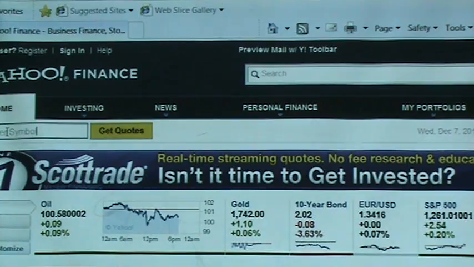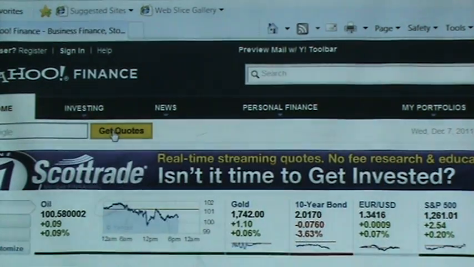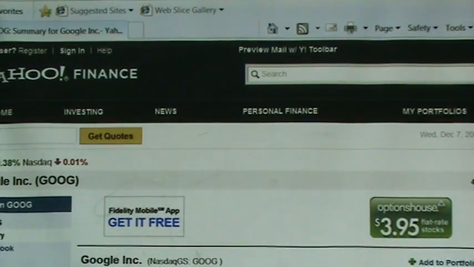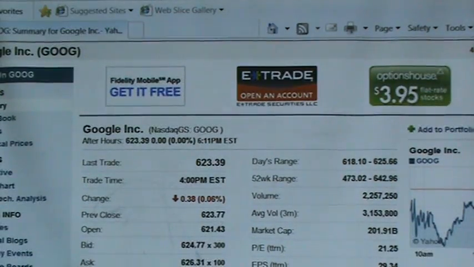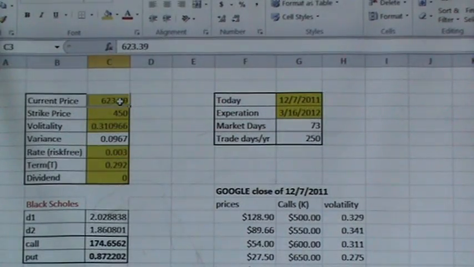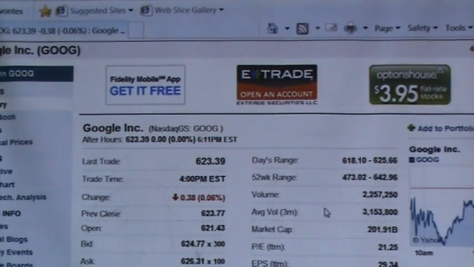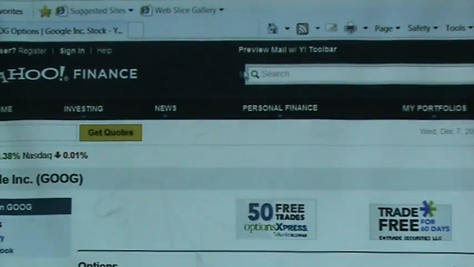So Google, for example, the stock price of Google closed today at $623.39. So I have that as my current price. And then if we click on options, we could look at call options on Google around that price.